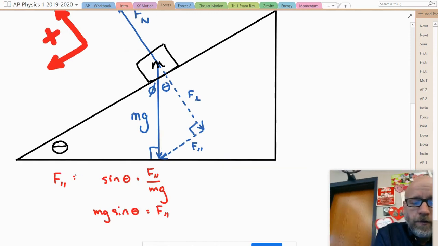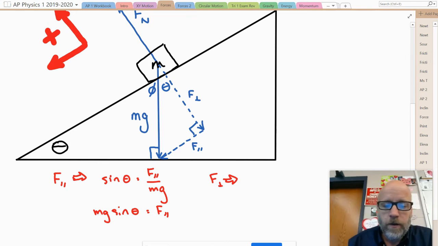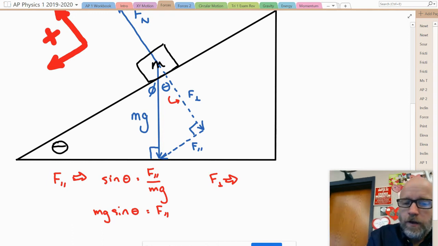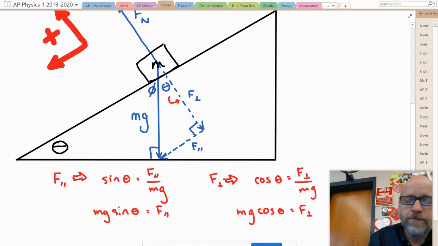To find the force perpendicular, I bet you already see where this is going. Because it is adjacent to the angle, I can use the cosine of theta equals F perpendicular over mg, so it's going to be mg cosine of theta equals F perpendicular.